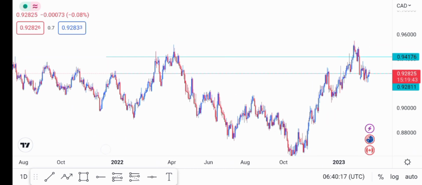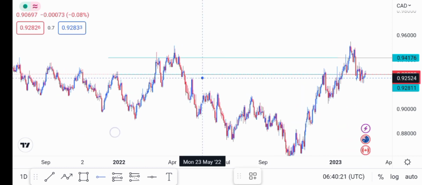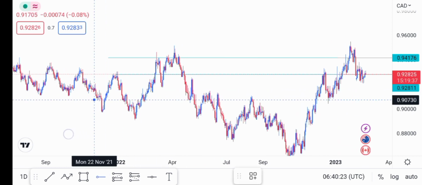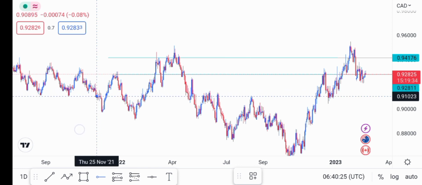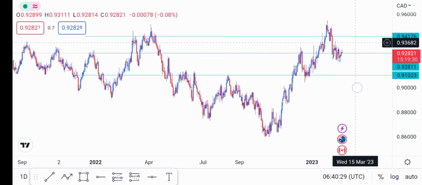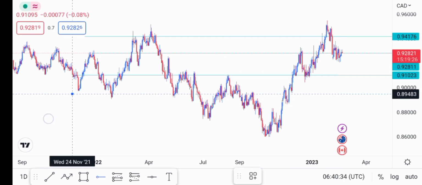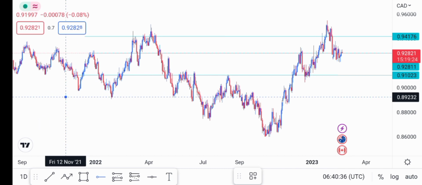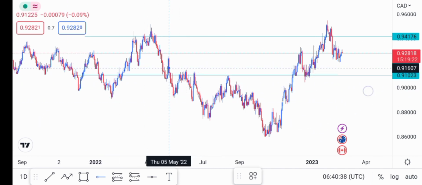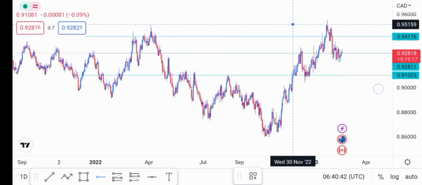I feel like every time I'm analyzing, this week the market is playing around most of the levels. So these are the levels that I'm seeing based on this area here. I'm not trying to go to the lower side because if I go to the lower side, we can see this level right over here as well. The thing is, I don't want to make my charts as messy as possible, so I'm trying to keep them as clean as possible, guys.